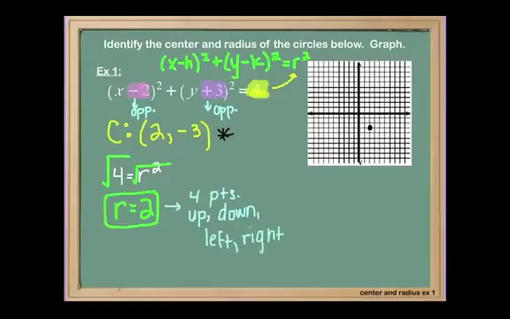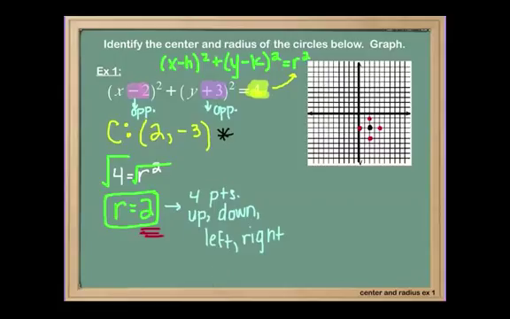So let's go ahead and do that. When we plot these points, we need to use this radius to get the following points. I want to go up 2 from my center. I want to go down 2 from my center. I want to go right 2 from my center. And lastly, I want to go left 2 from my center.